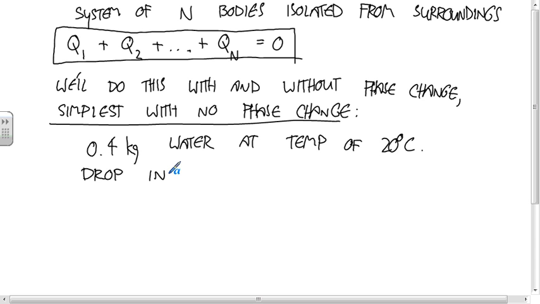I don't have a number for any metals right here, but let's say we drop in 0.02 kilograms of water at 5 degrees Celsius.